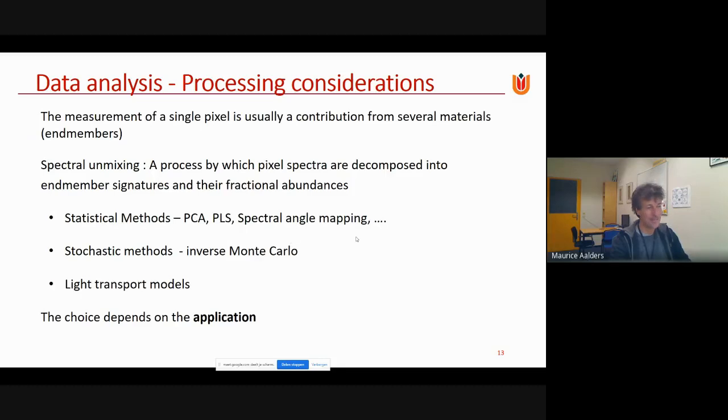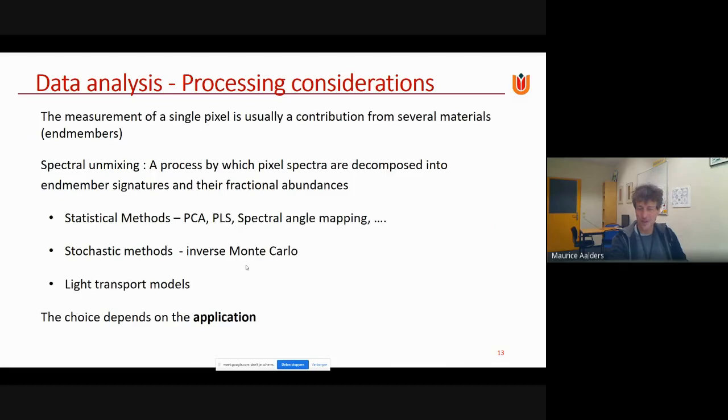There's spectral angle mapping. These are all statistical methods. They do not require any reference spectra, but they are just there to get maximum separation of your components in the spectrum. So it basically decomposes the spectrum in various components that contribute differently to the total spectrum.